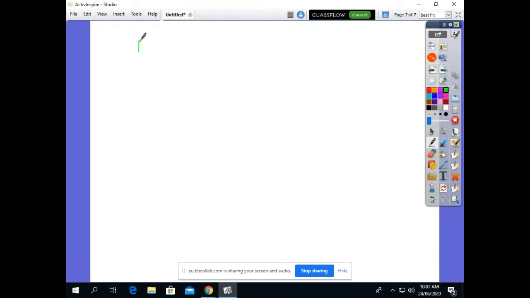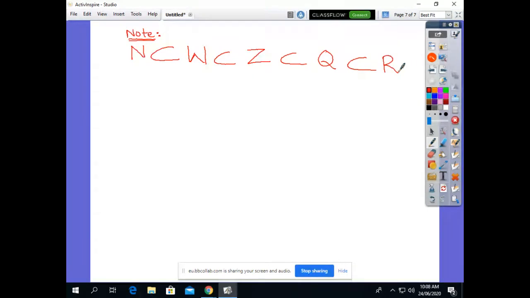We denote the set of natural numbers by N. Note that N is a subset of W, and W is a subset of the integers Z, and the integers Z are a subset of the rationals, and the rationals are a subset of the real numbers.